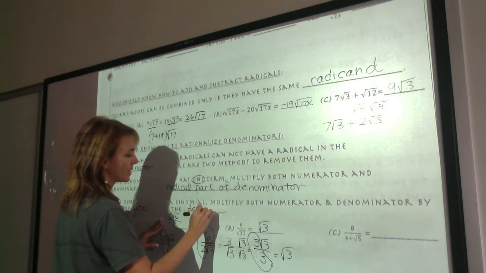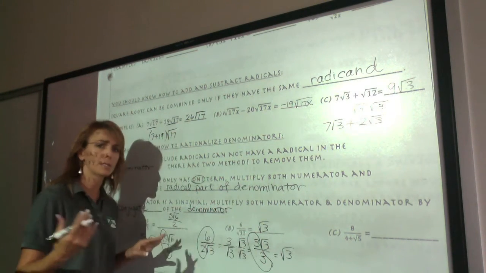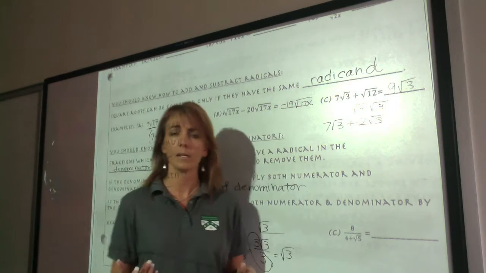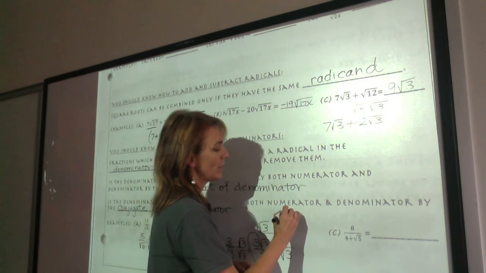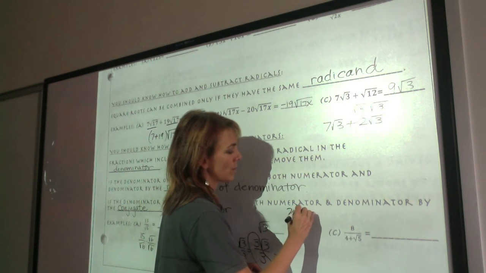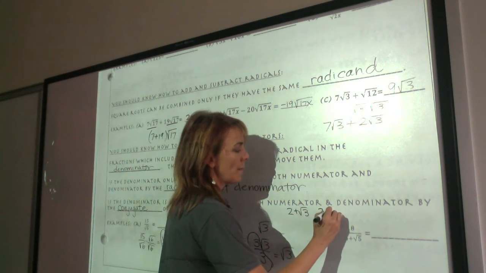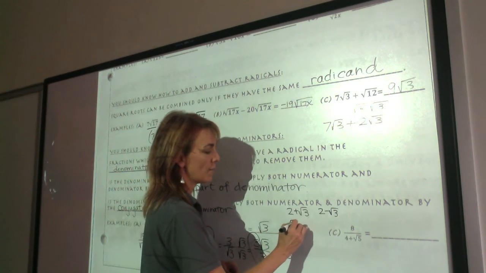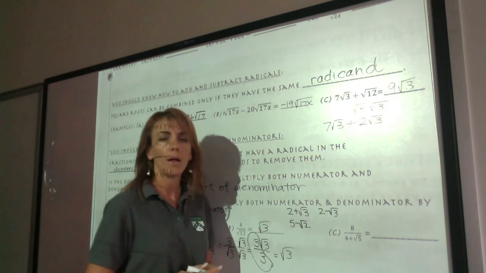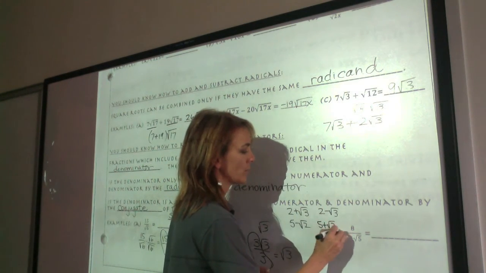Now, the conjugate is just an expression that looks a lot like the initial expression, but the sign in the middle changes. So if I had 2 plus radical 3, the conjugate would be 2 minus radical 3. If I had 5 minus radical 2, the conjugate would be 5 plus radical 2.